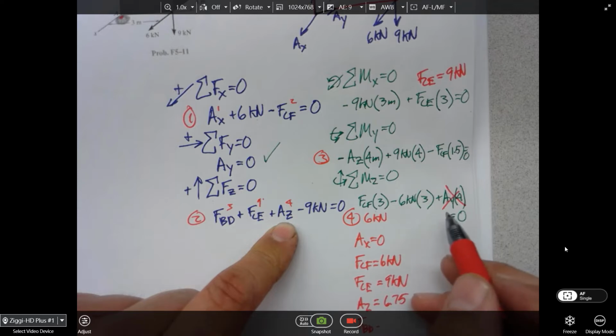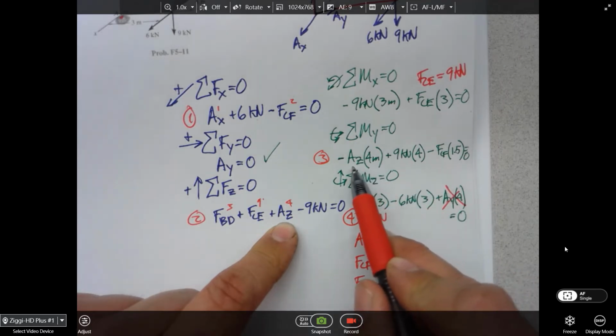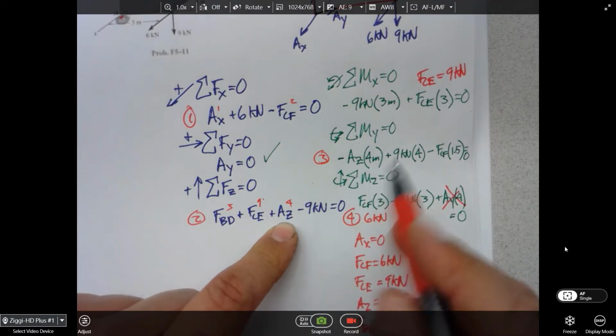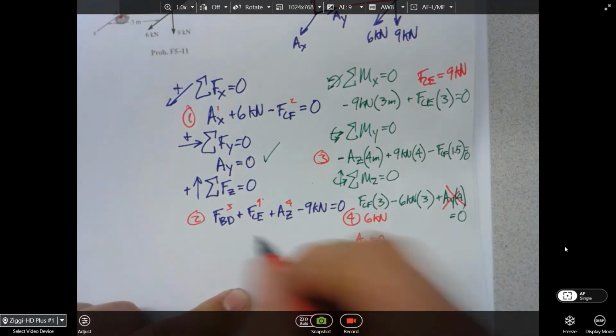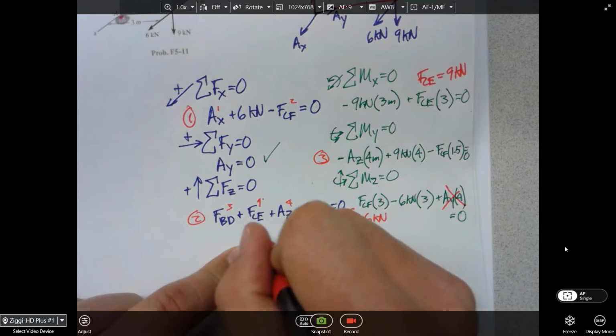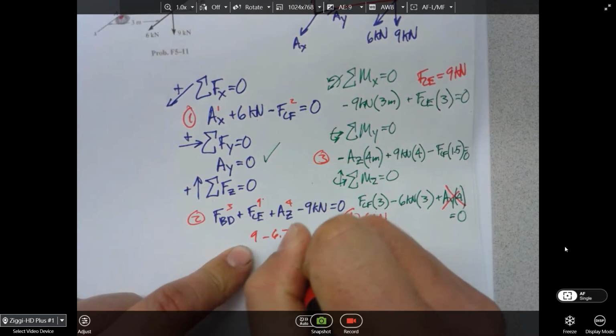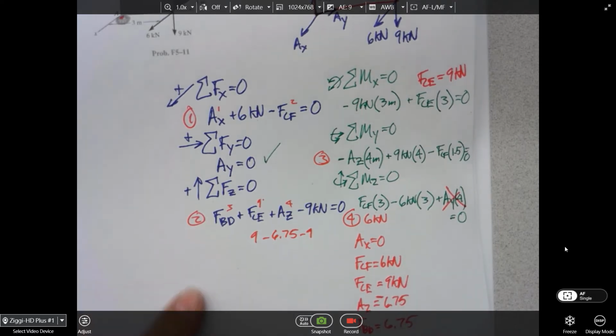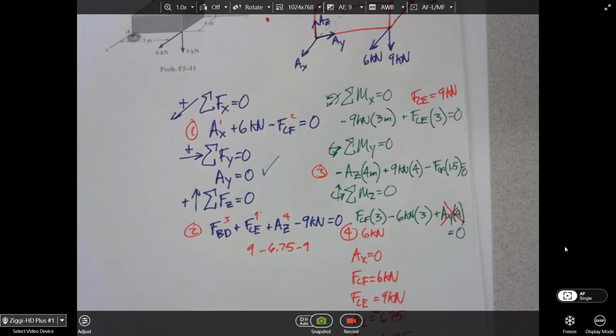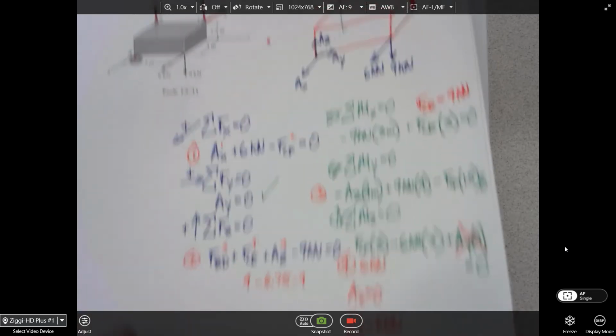AZ is 6.75, and is it positive? No, I think it would be negative. Negative 6.75. So we'll have FCE of 9 minus 6.75 minus 9. So it looks like FBD is 6.75. Okay. All right.